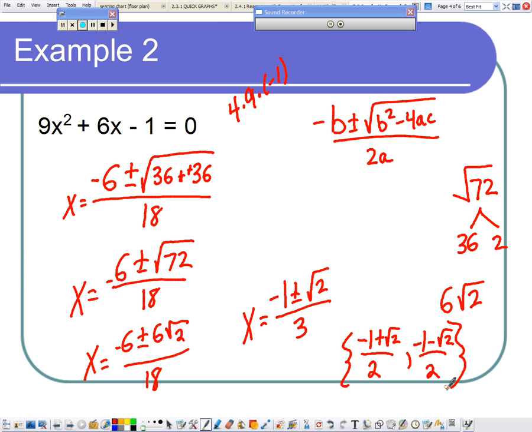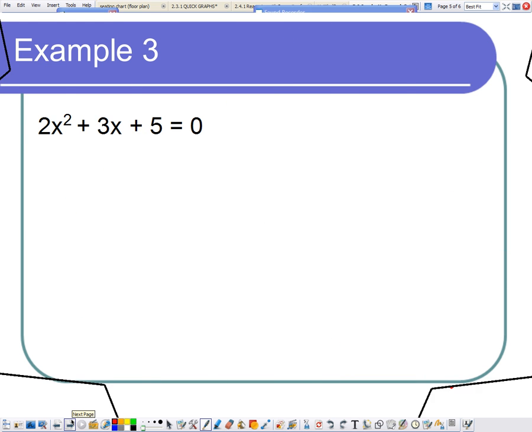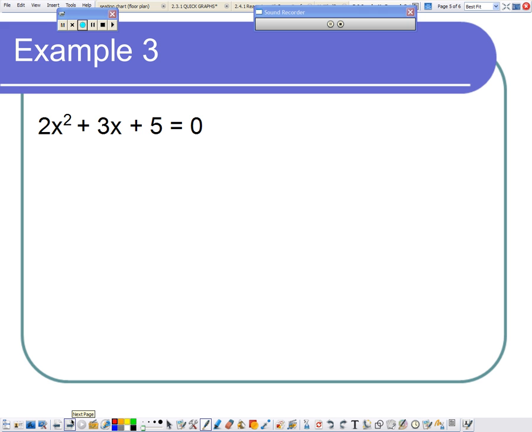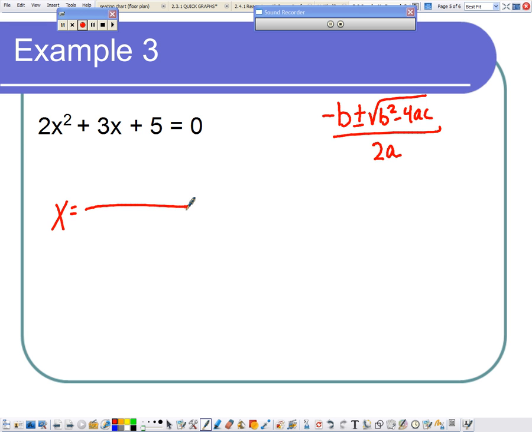All right. On the next example, as we quickly see, it's already equal to 0, so we do negative b plus or minus the square root of b squared minus 4ac all over 2a. So, x equals negative b again.